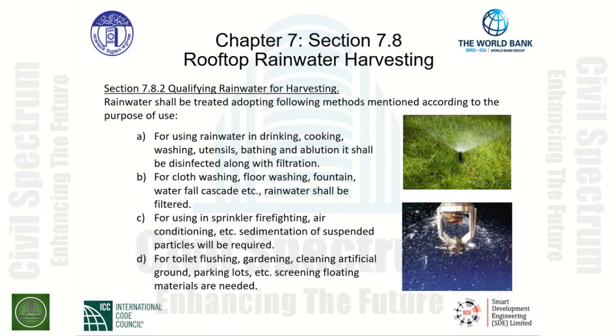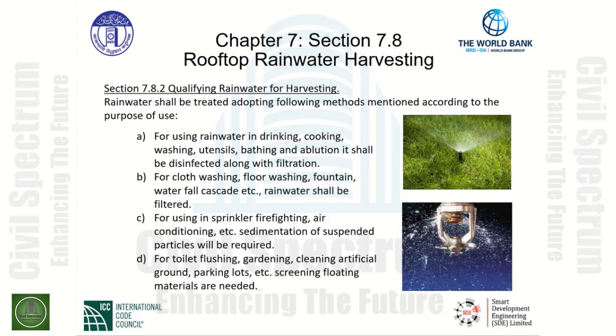Qualifying rainwater for harvesting is indicated in section 7.8.2. Rainwater shall be treated adopting following methods mentioned according to the purpose of use.